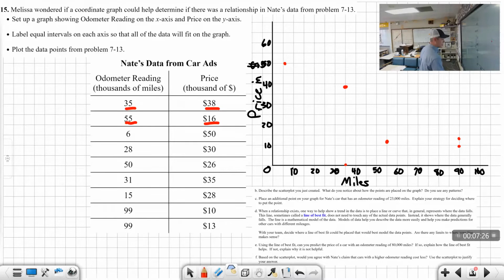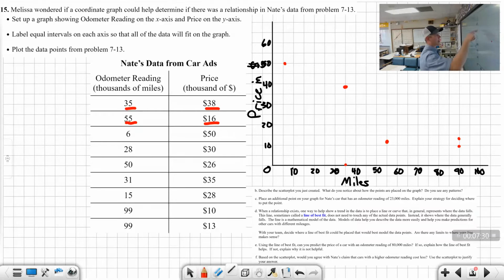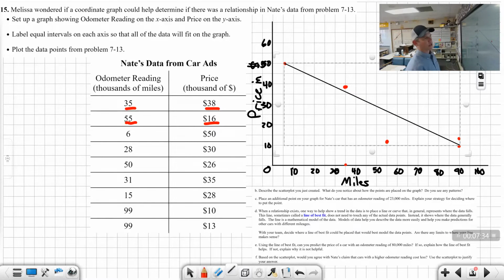Well, I notice that I can kind of take a line, and if I connect the highest dot with the lowest dots, I notice that in general, I have a relationship that is decreasing. I want you to write on your line, problem letter B. I notice a decreasing relationship.